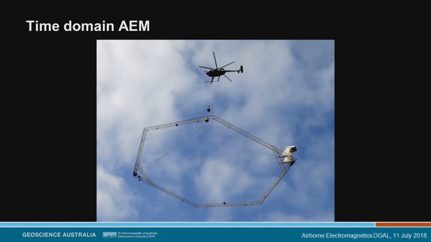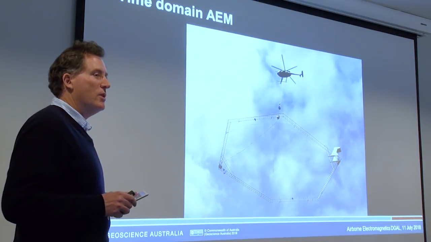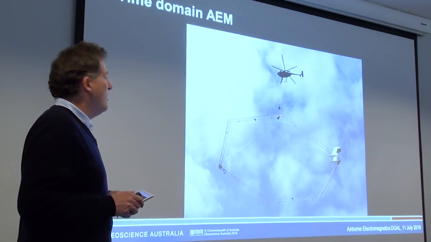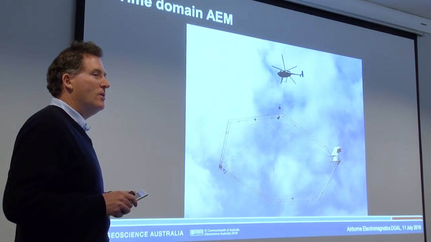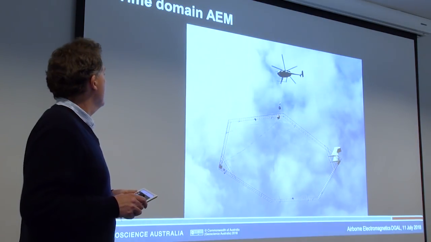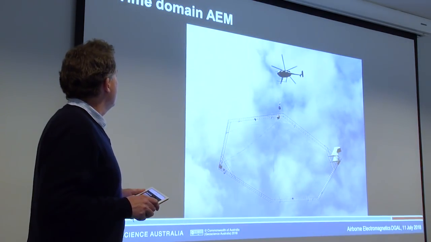And the next one is a different type of helicopter time domain system called SkyTem in this example. This one's been heavily used by the groundwater community here in Australia for surveys like the Broken Hill Managed Aquifer Recharge program. Very well calibrated system.